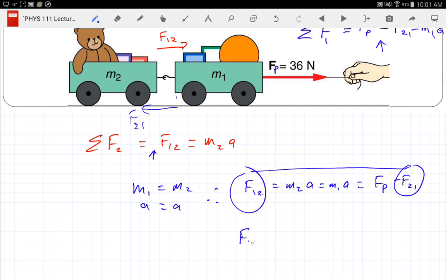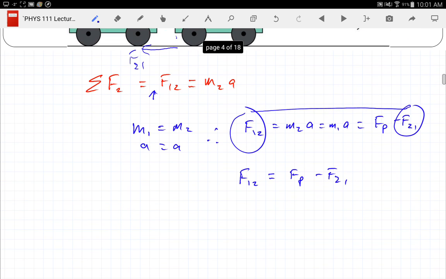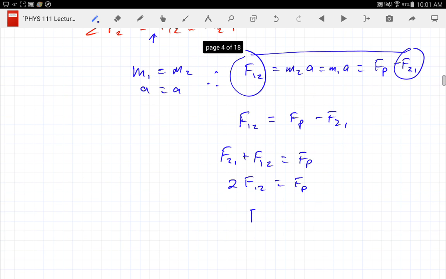So if I add F21 to both sides, I have the force between them is equal to the force pulling divided by 2.